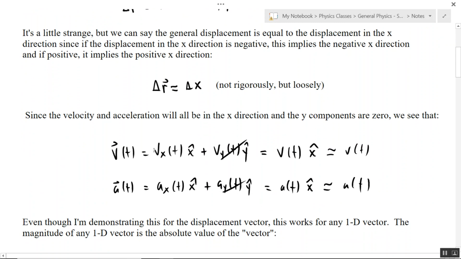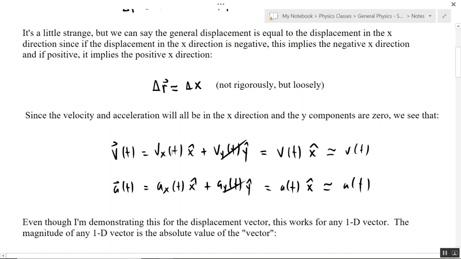Okay, so how do velocity and acceleration work in 1D? This is the general equation for velocity: the x part of the velocity, x hat, plus the y part of the velocity, y hat. Same thing for acceleration: x part of the acceleration, x hat, plus y part, y hat. But if it's just going back and forth in the x direction, vy is 0 because the velocity isn't changing in the y direction, and acceleration is 0 in the y direction.